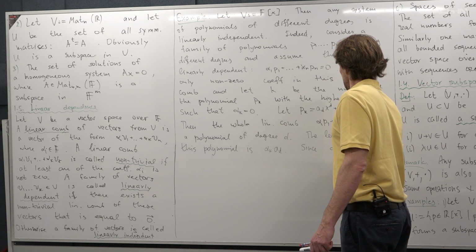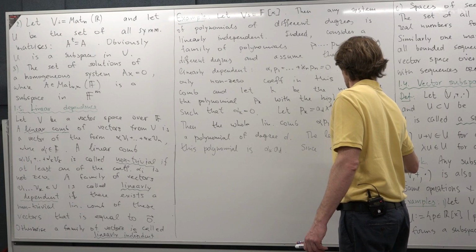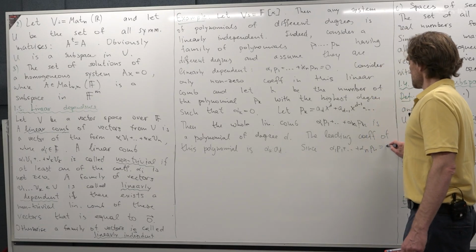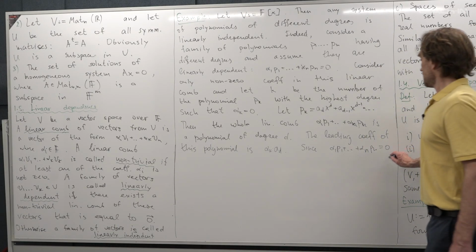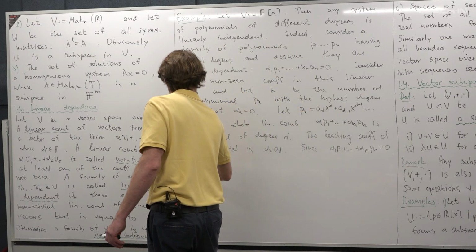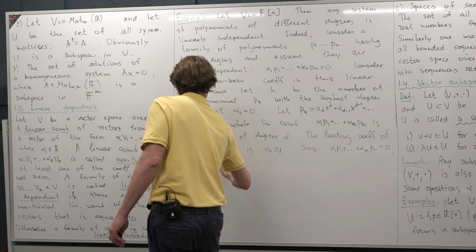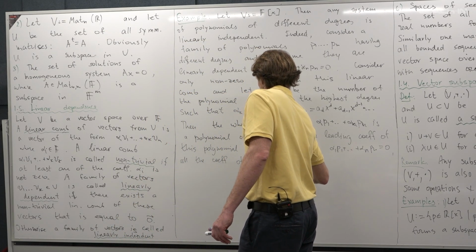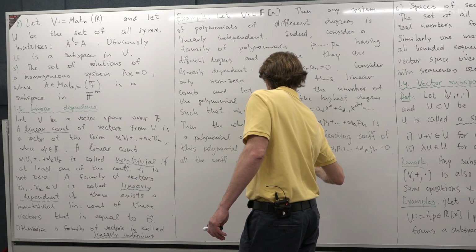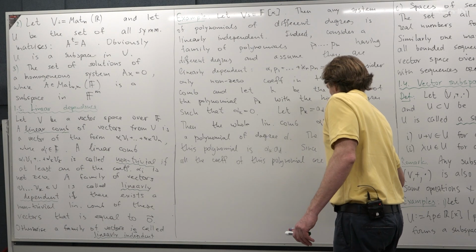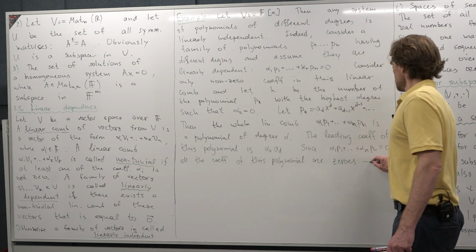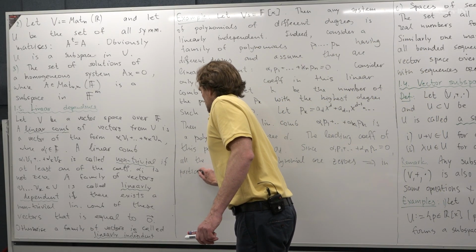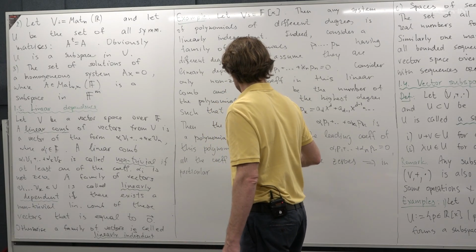And since alpha sub 1 times p1 plus etc. plus alpha sub n times pn, it should be n here as well, is 0, all the coefficients of this polynomial are zeros, and in particular the leading coefficient is also 0.